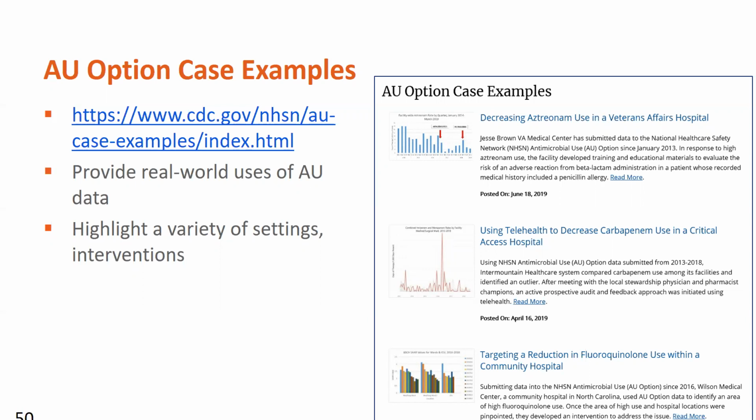Or if you're trying to come up with what to do with these data now that you have them in NHSN, these are helpful examples of what to do with them. We hope to continue to provide examples on this webpage, but we have 3 available here, so I'd highly encourage you to check those out.